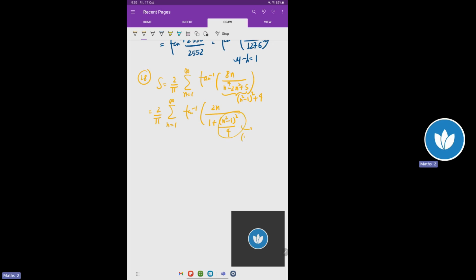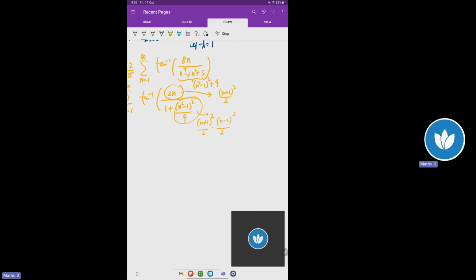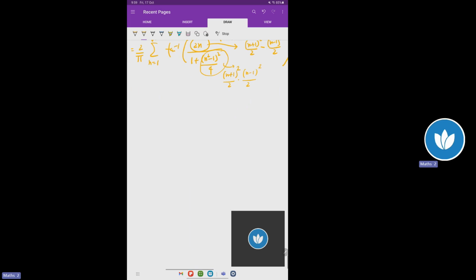Now how can we break this? We can break this as n plus 1 by 2 into n minus 1 by 2, or as n plus 1 whole square by 2 and n minus 1 whole square by 2. Is our numerator a difference of these? You can check: yes, it is the difference of these.